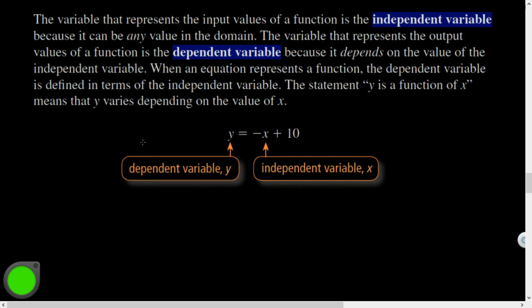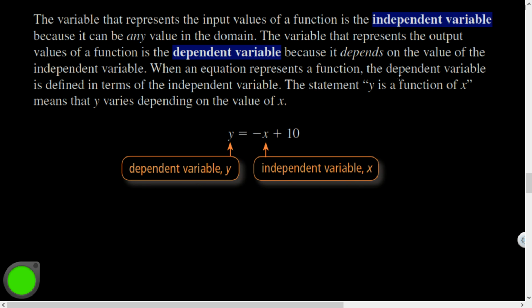So the dependent variable will be determined by what I put into the machine. If I put bread in my toaster, the output is going to be toast. If I put an egg in my toaster, the output is going to be messy and burnt egg gunk, right? The dependent variable is determined by what I input.